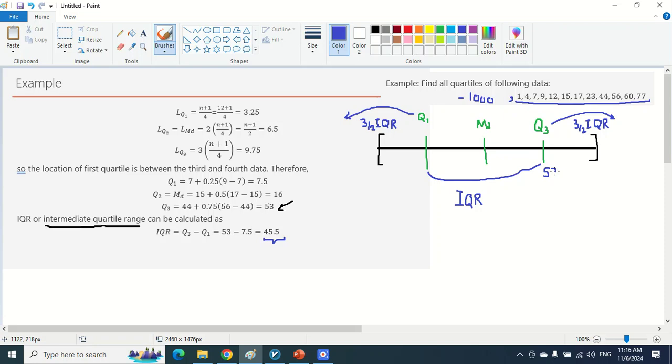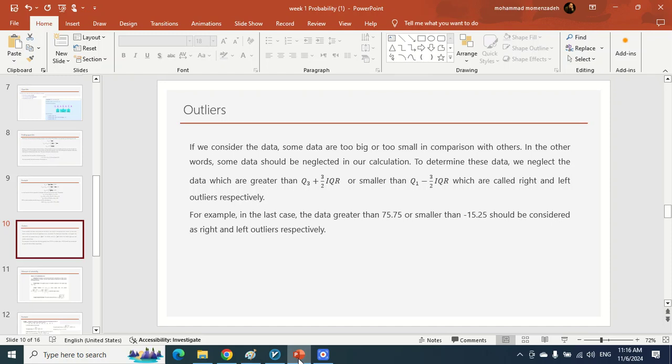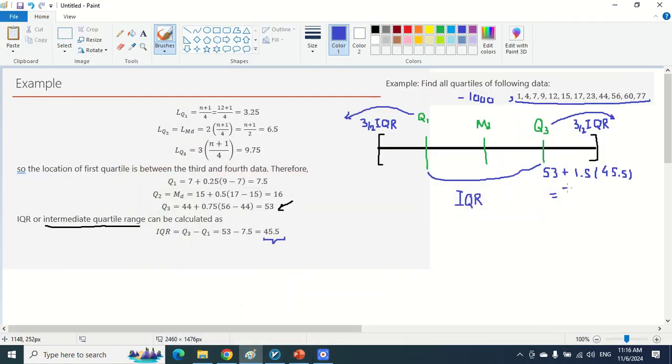If you add to 53 the 1.5 of 45.5, which is the IQR over here, the value based on that calculation will be 75.75. This means that if a value is bigger than that, it should be neglected.